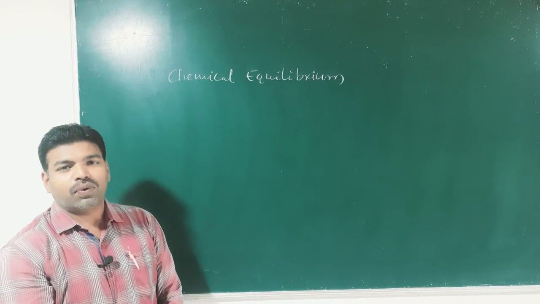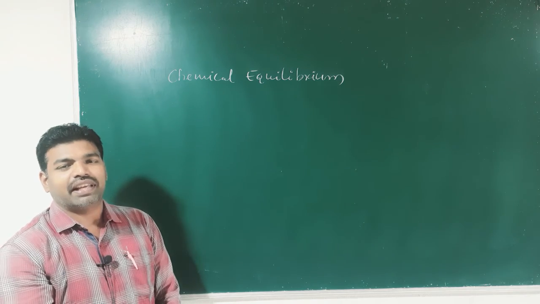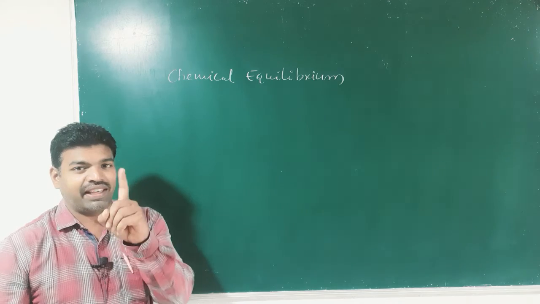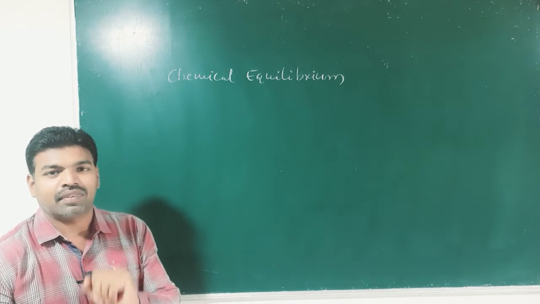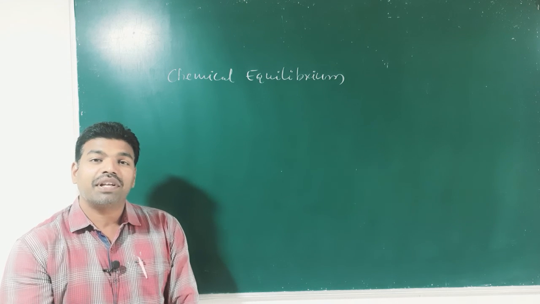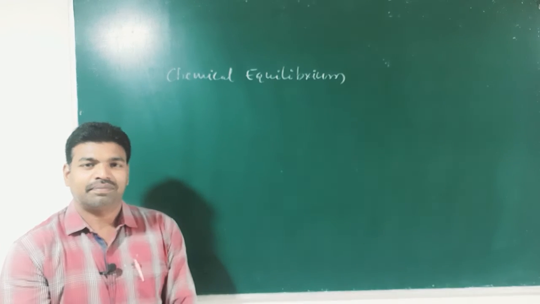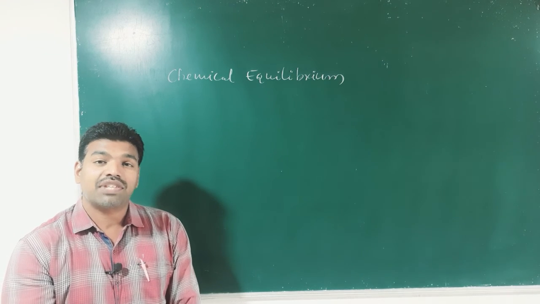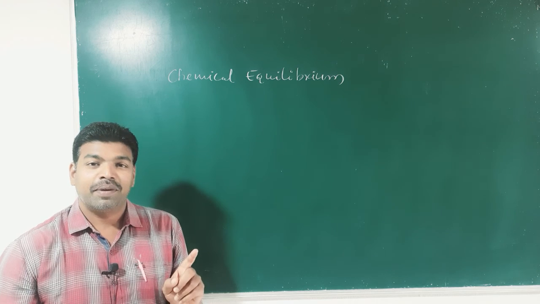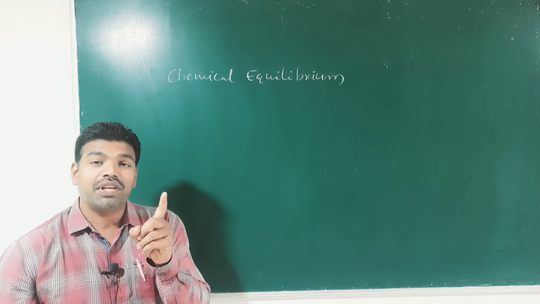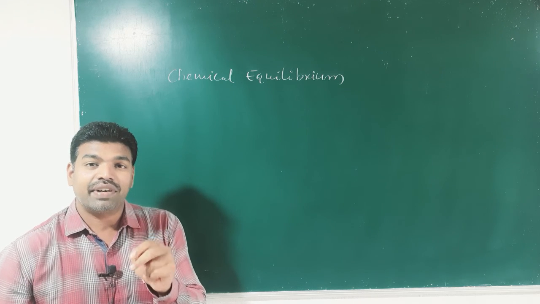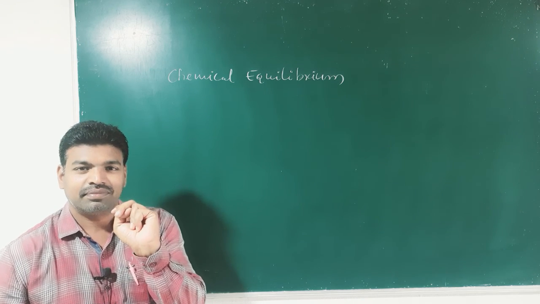Before we learn about chemical equilibrium, we should know one thing: based on the extent of completion of reactions, reactions are classified into two types. I repeat, based on the completion of reaction, reactions are classified into two types.